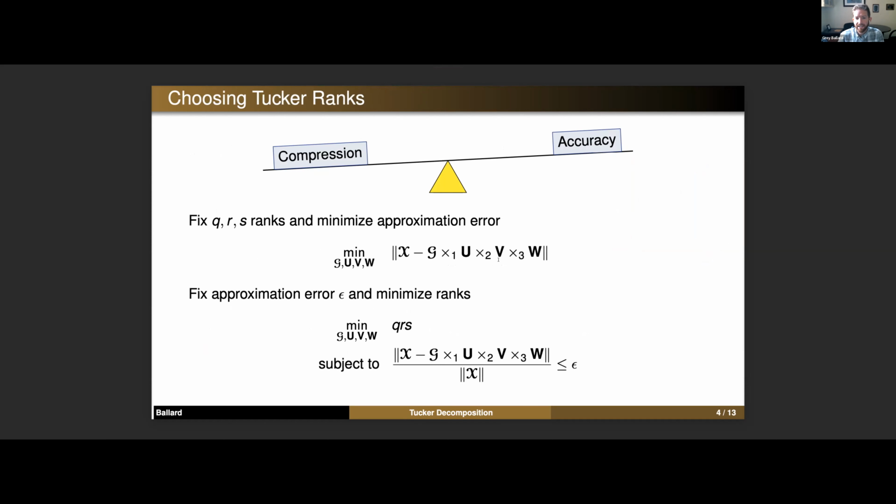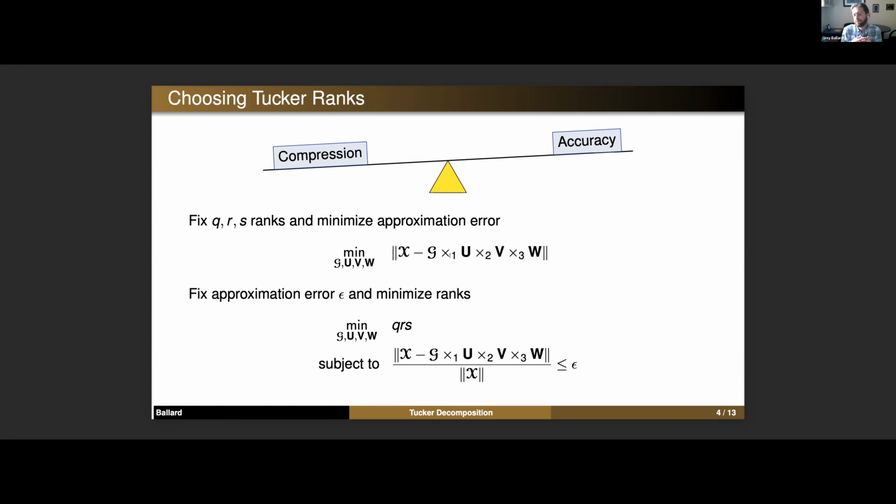One way is to say, okay, let me specify the size of my Tucker format, the size of my core or my ranks, Q, R, and S. Given that size, I know how many parameters are in my model. Let me just try to find the most accurate representation I can. So I minimize the approximation error subject to the ranks being fixed.